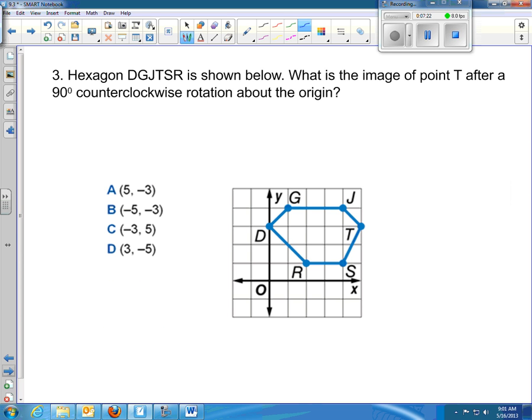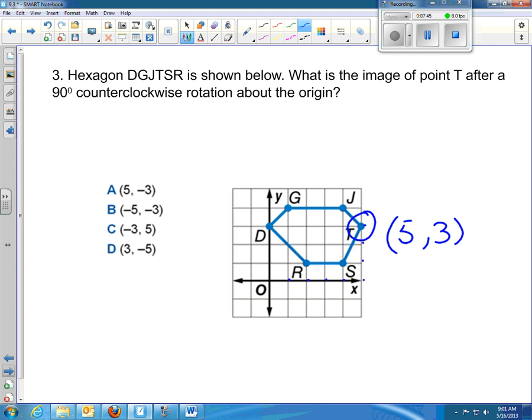All right, next problem. Hexagon DGJTSR is shown below. What is the image of point T after a 90 degrees counterclockwise rotation about the origin? So here's point T. So let's go ahead and give ourselves that ordered pair. So we are over 1, 2, 3, 4, 5, and up 1, 2, 3.